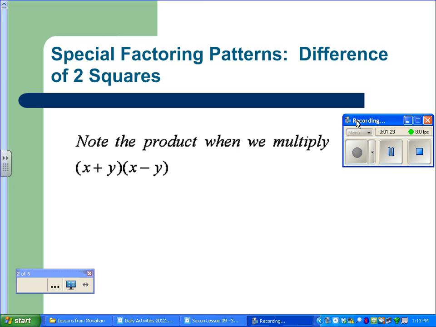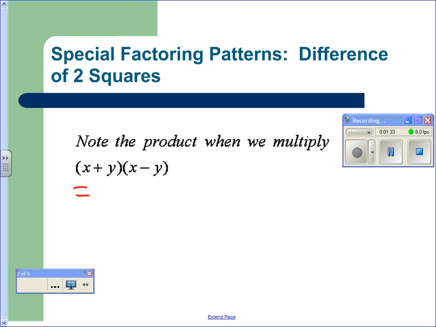All right. So special factoring, difference of two squares. What happens whenever you multiply x plus y times x minus y? What would you get? Which is what?